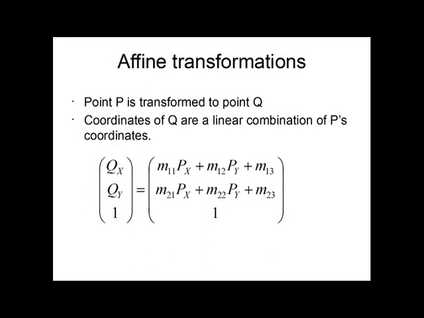And this is the only thing that we have to work with in our transformations. We have three numerical values, or three variables, that we can use to affect the point P in order to yield the point Q.